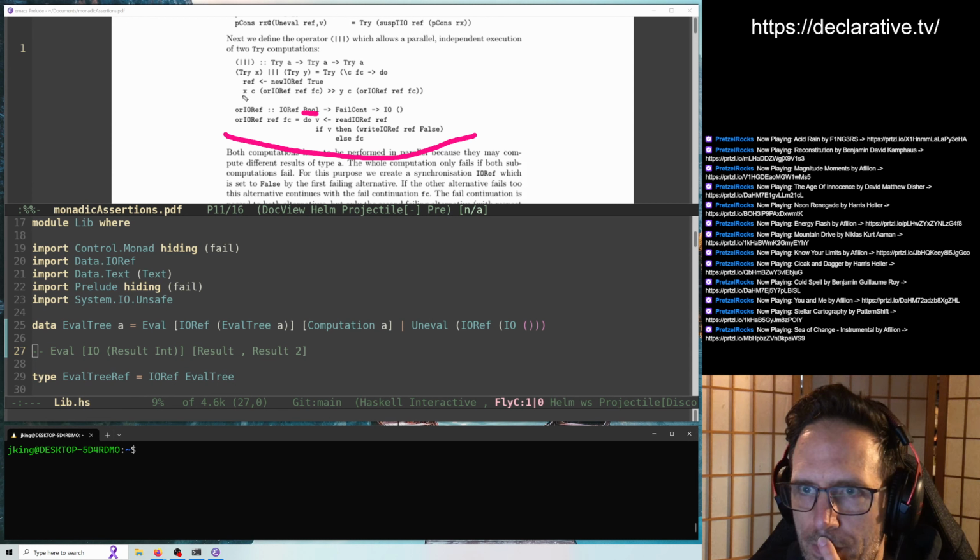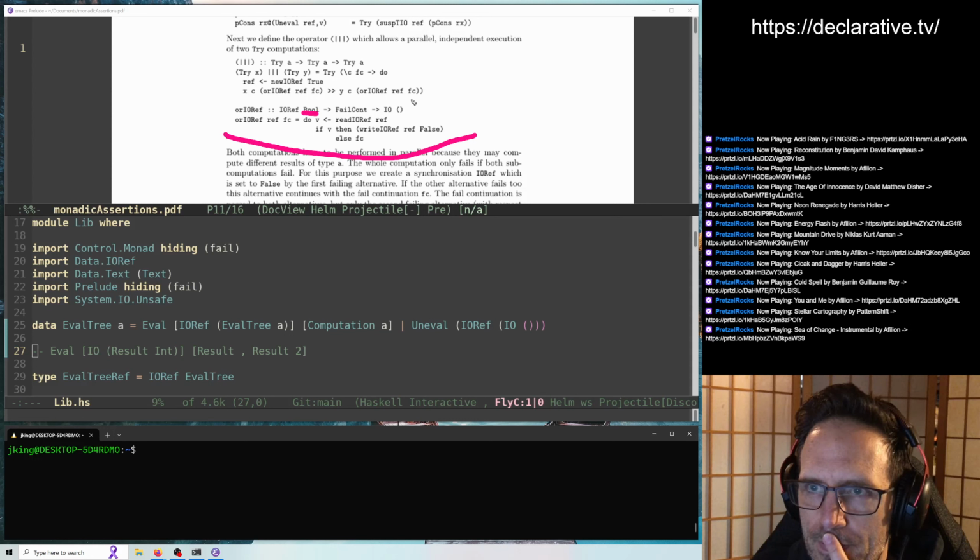And then we try X with the success continuation and or-IORef with this true thing and the fail continuation. And then Y, with the same thing. So we evaluate both branches, basically. We evaluate the continuation in here and the continuation in here.